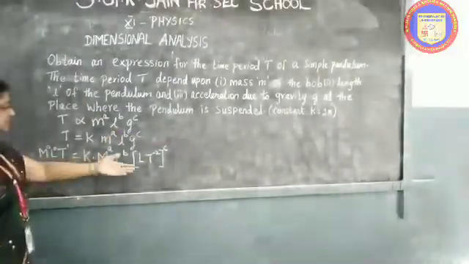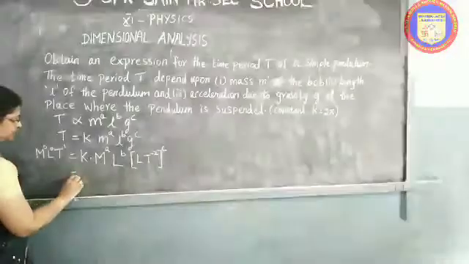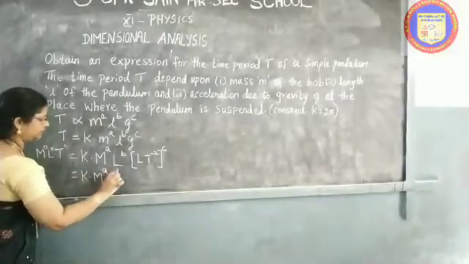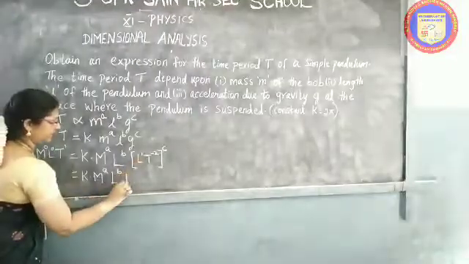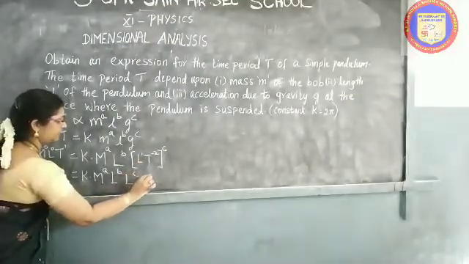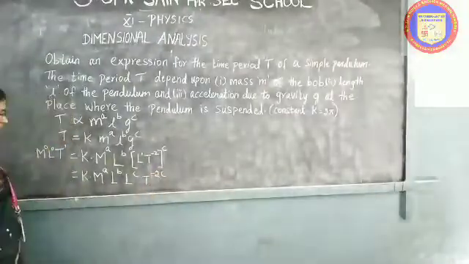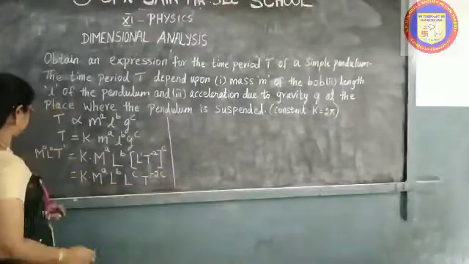Now as usual we have to separate them into different equations. So k M power a L power b, L power 1 into c gives L power c, T power minus 2 into c, minus 2c.